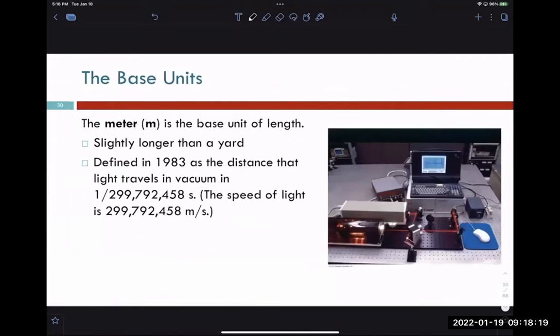So the base units are actually based on physical properties of the universe that, as far as we know, are constant. That way, in the future, if civilization ends and we go back to the Stone Age and have to learn science again, maybe somebody will be able to say, oh, this is how they defined this length.